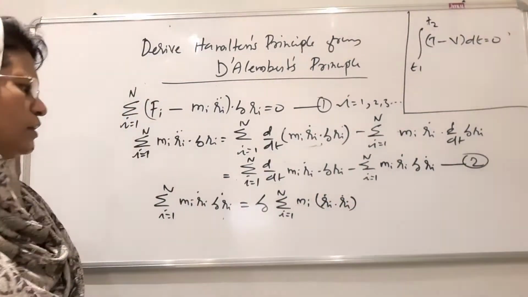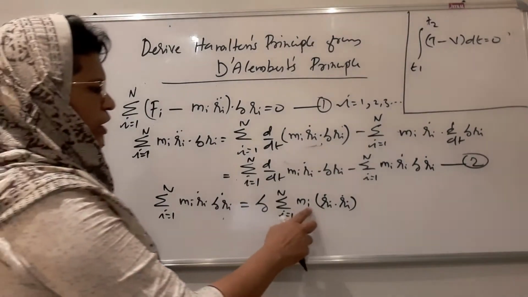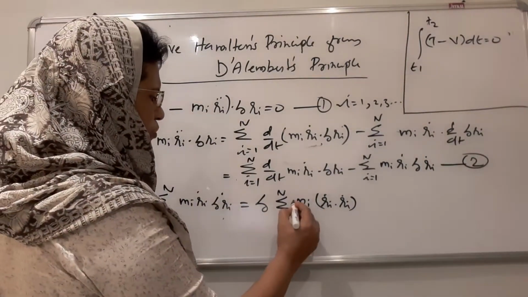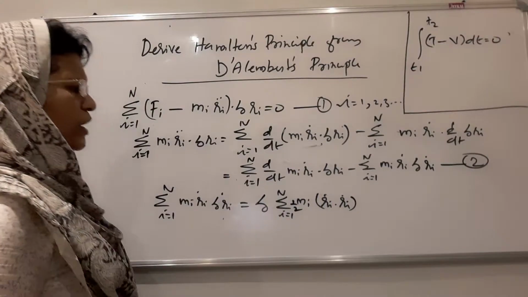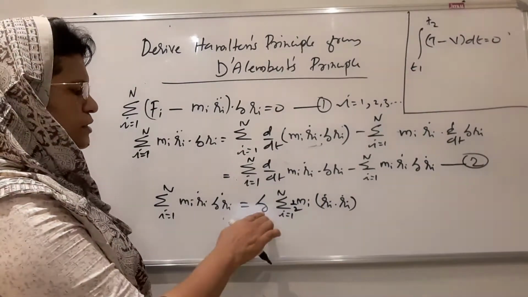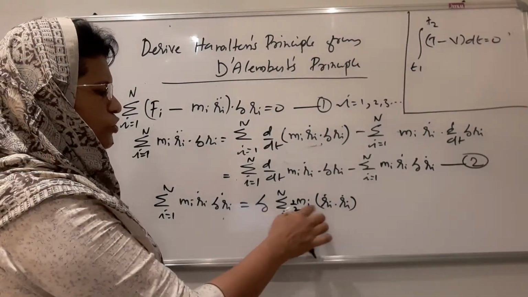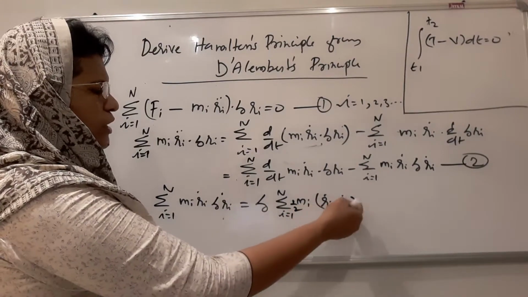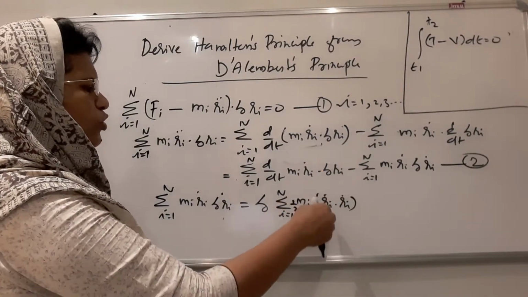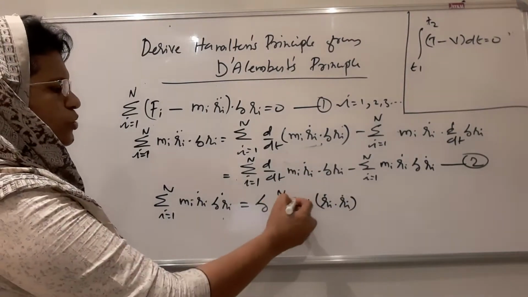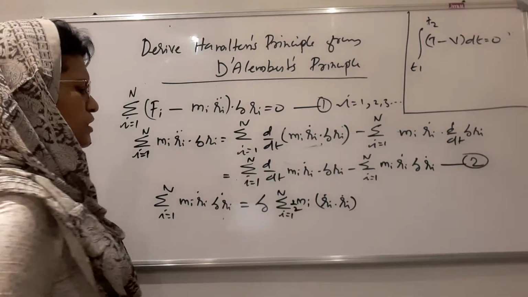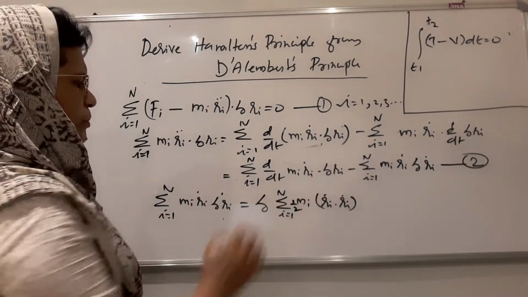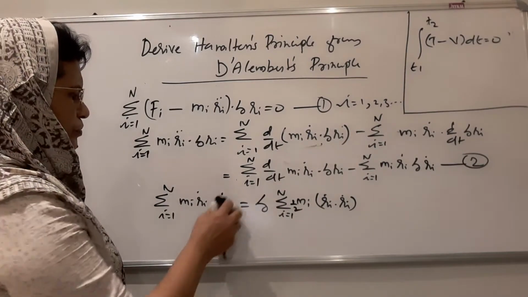You can write it like this, delta of sigma i equal to 1 to n one half mi Ri dot square. Sorry, there is one half also. The differential of mi Ri dot square is mi into the differential of Ri dot square, 2 into Ri dot into delta Ri dot. That 2 can be cancelled by this half. Therefore, the second term can be replaced by this term.